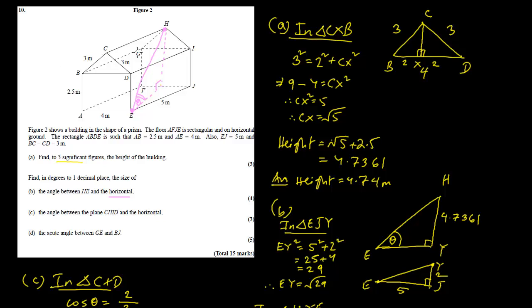So this is G, so this is GE, this is B, this is BJ. These two lines have to be equal, and the angle between them is actually the angle here. You can draw it separately.